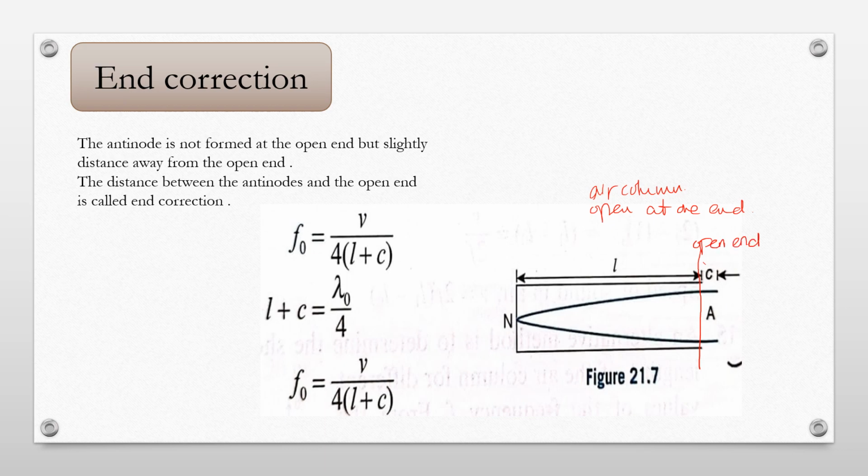From here to here is L, the length. But the antinode is formed somewhere which is not at the open end, it is formed somewhere further along. The distance between this one and this one is called the end correction.